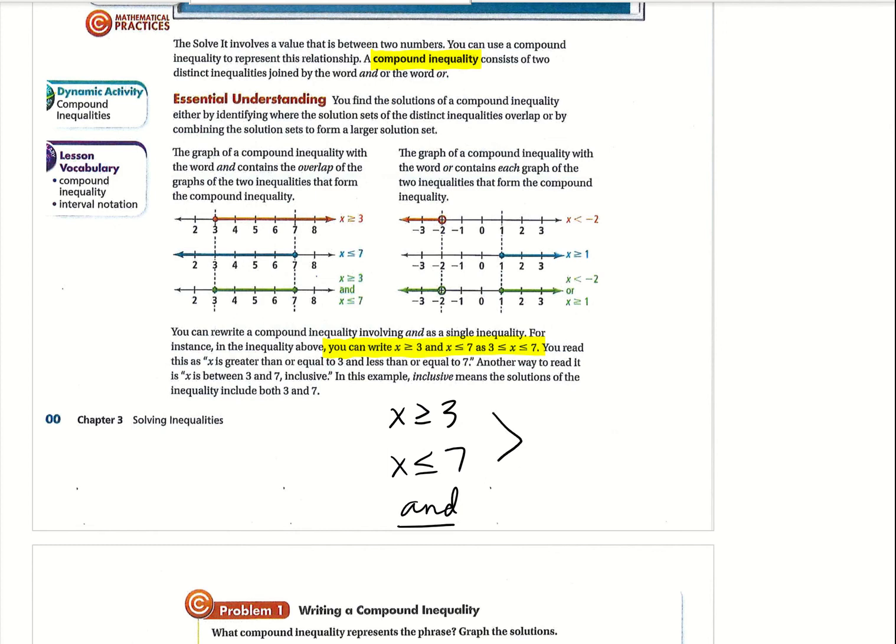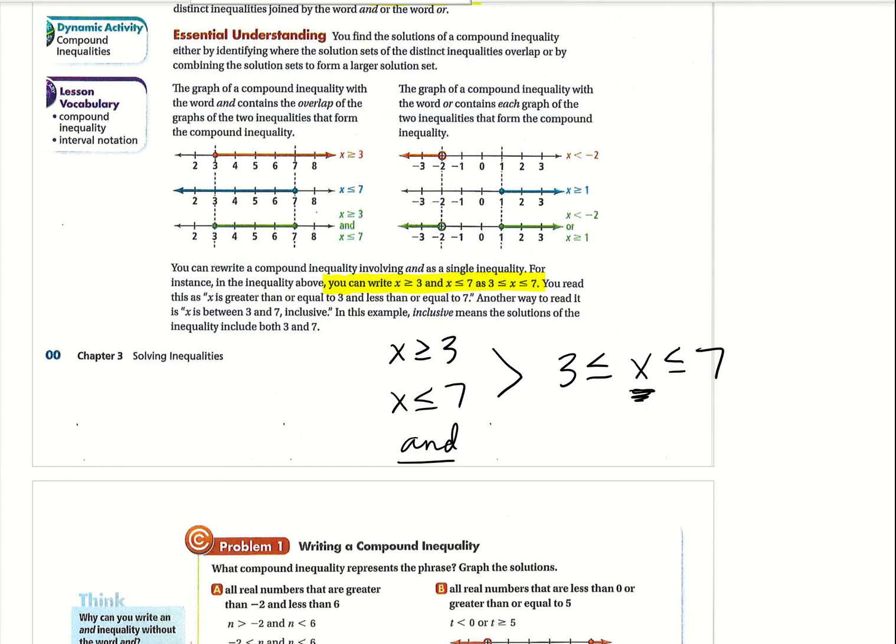We can combine them so that we have 3 is less than or equal to x, which is less than or equal to 7. Basically you're always going to have that x in the middle. That's really it for that page.